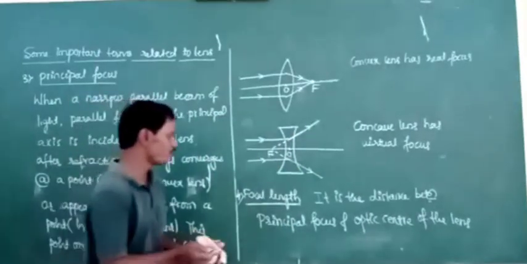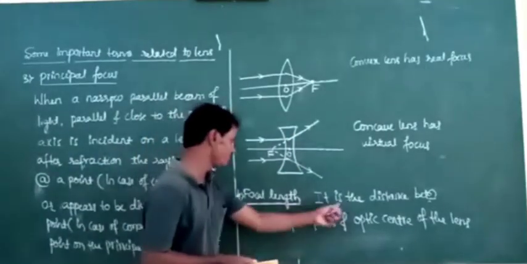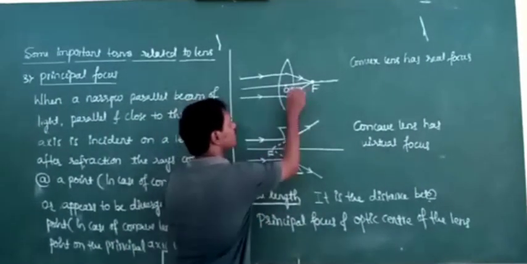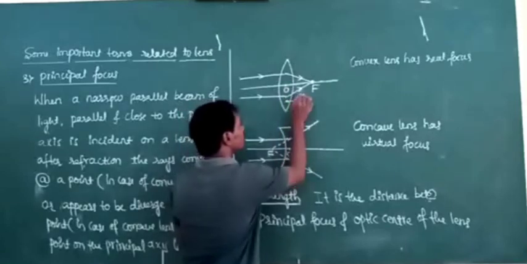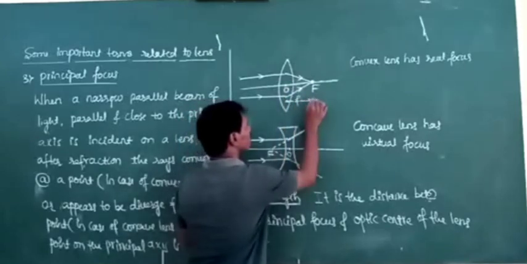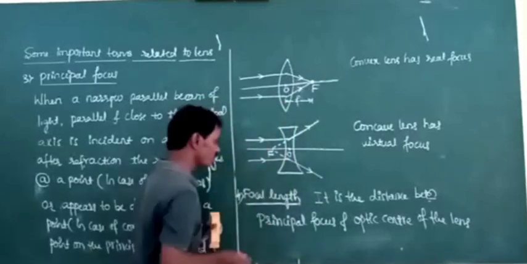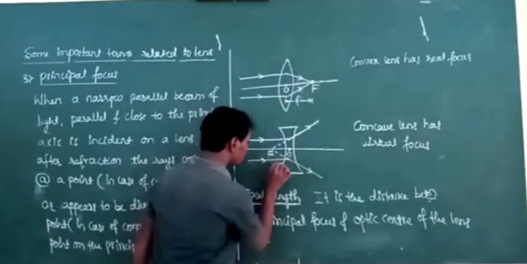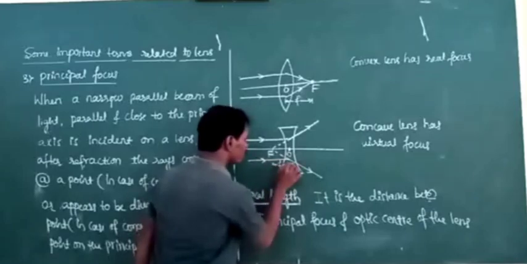What is focal length now? Focal length is the distance between principal focus and optic center. That is focal length. Then here also, what is the focal length here? Distance between principal focus and optic center.